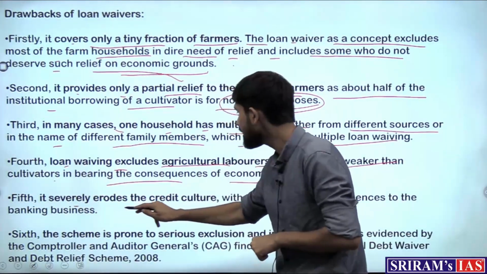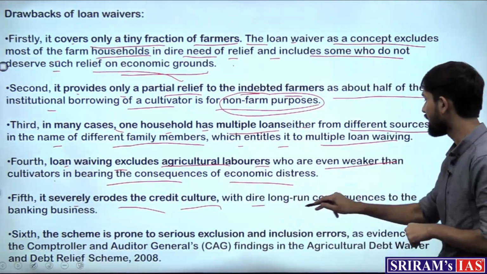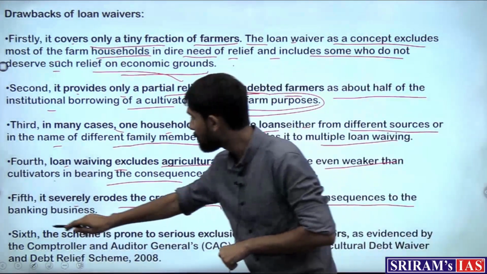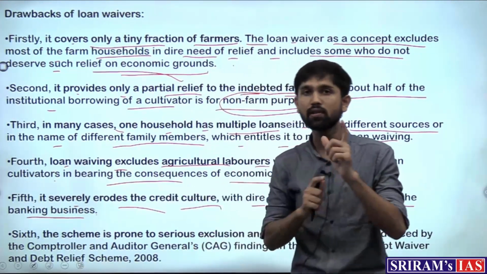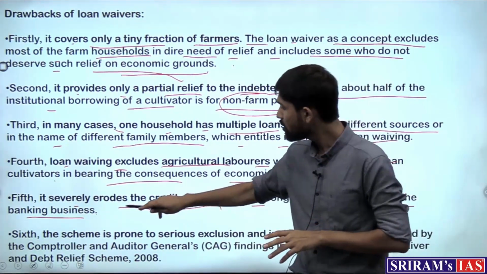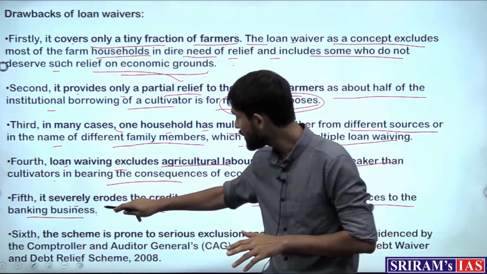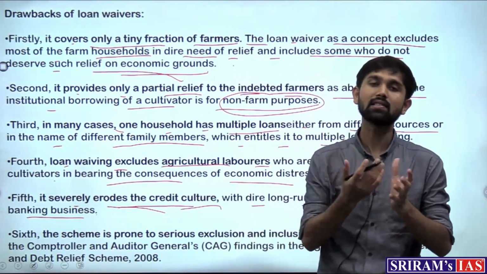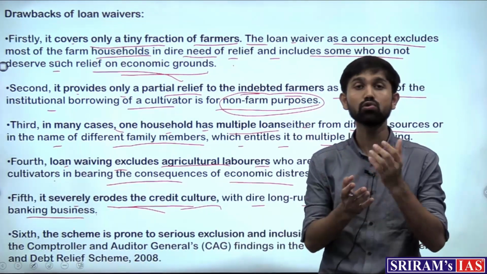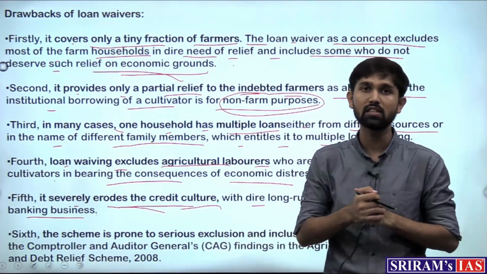Fifth, it is severely eroding the credit culture with dire long-term consequences to the banking businesses. Now this is something which even the research highlights, that by just promising, the intended benefit does not accrue. The state also has to have the capacity to repay these loans or take the burden of waiving these loans.